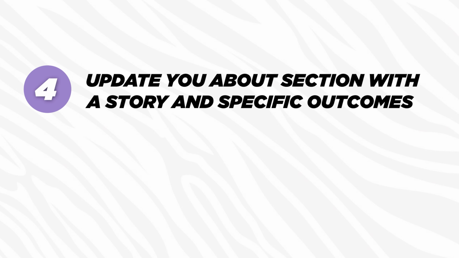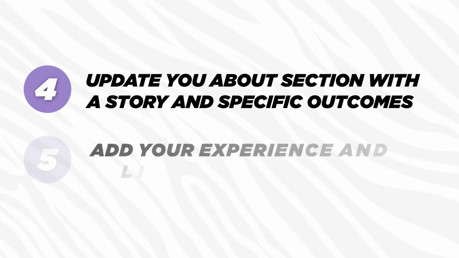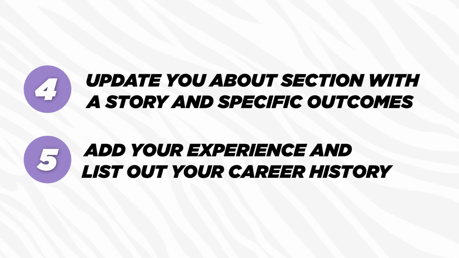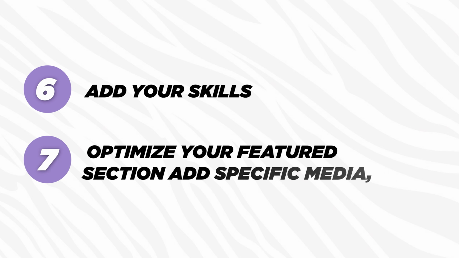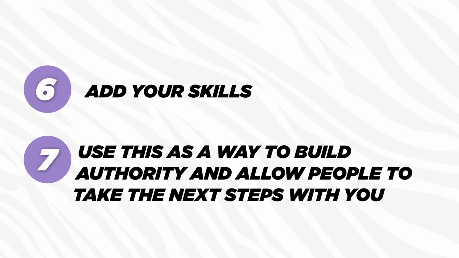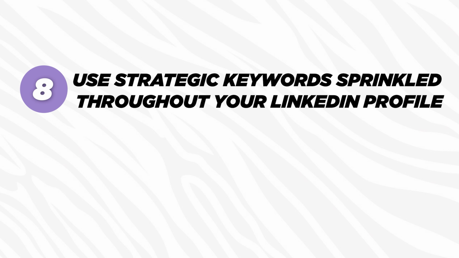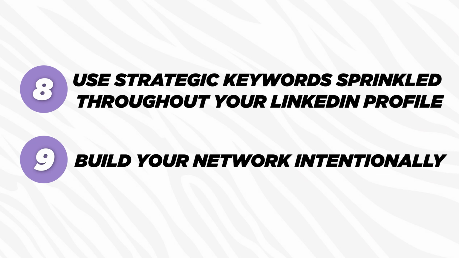Update your about section with a story and specific outcomes. Number 5, add your experience and list out your career history. Number 6, add your skills. 7, optimize your featured section. Add specific media and use this as a way to build authority and allow people to take the next steps with you. 8, use strategic keywords sprinkled throughout your LinkedIn profile. And number 9, build your network intentionally.